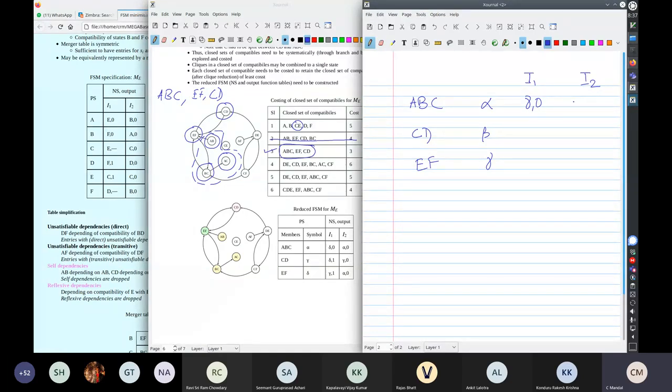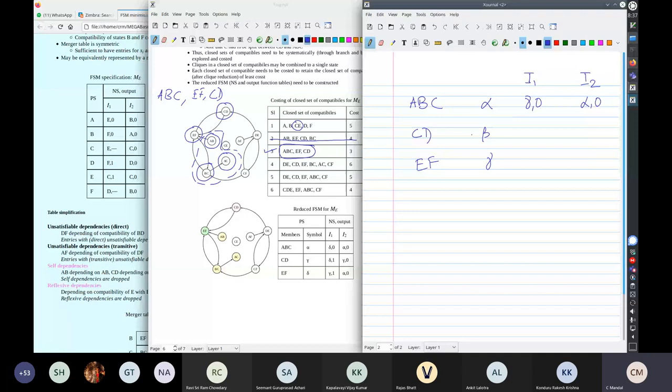A goes to B, B goes to A, and C goes to C. So that's all right. So it comes back to gamma, and the output is also 0. All right. Sorry, I made a mistake there. It's not to gamma. It's to alpha. It's to ABC. So the output is 0.